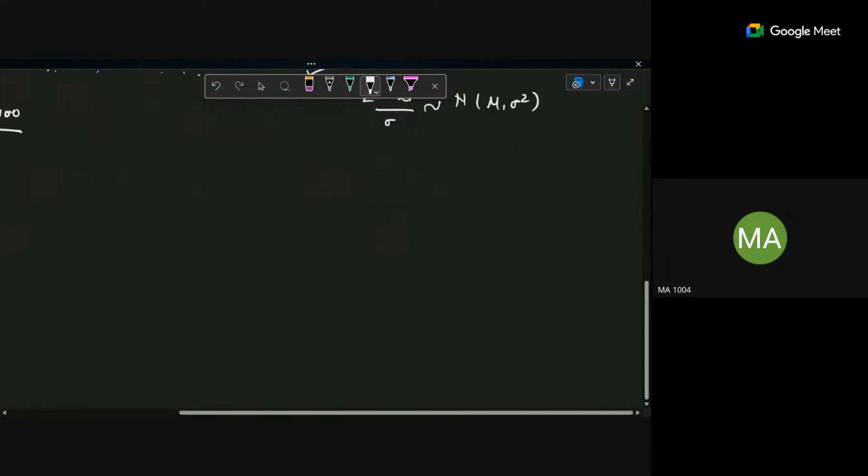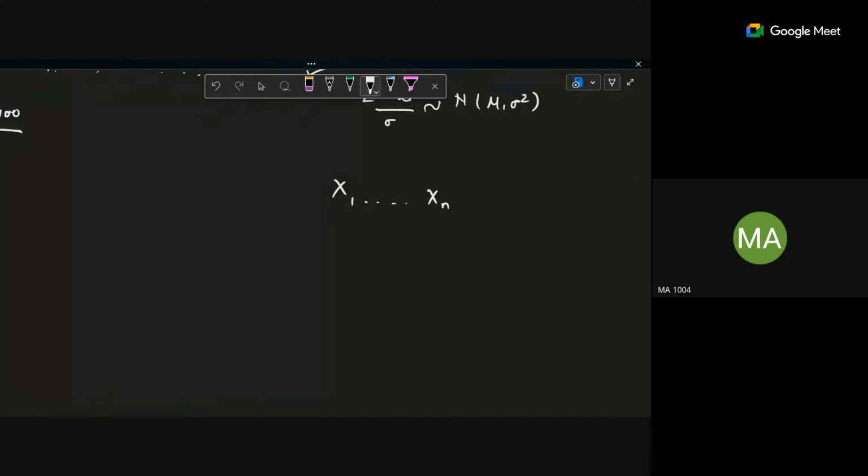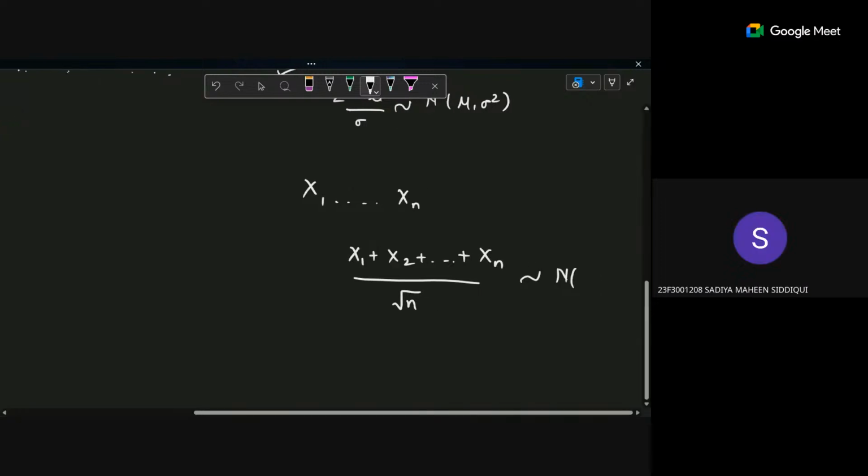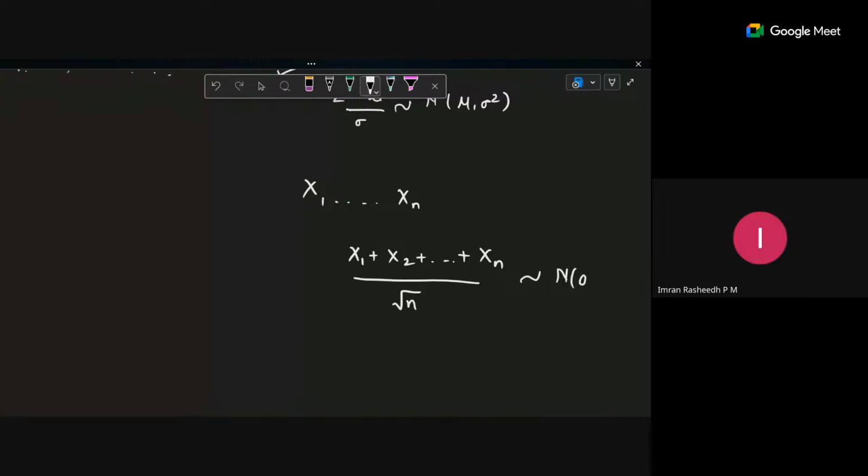Whenever there are random variables x1 to xn, and as n increases, the sum divided by square root n will follow what? Normal, with what mean and variance? Zero and sigma square. Fine.